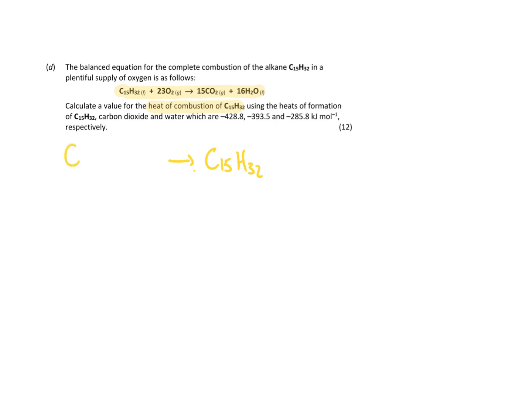Here that is carbon and hydrogen, and carbon exists as C and hydrogen exists as H2. In order to balance this equation, I must have 15 carbons on the left and I must have 16 hydrogens. That balances your equation, and we know the delta H value there is minus 428.8 from the question.